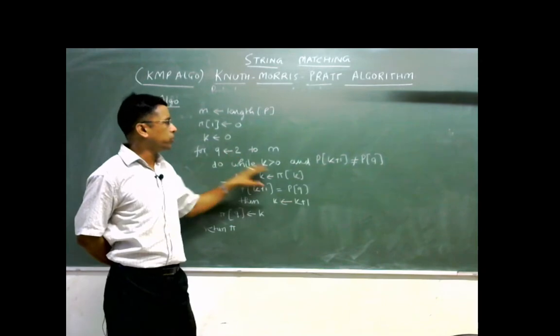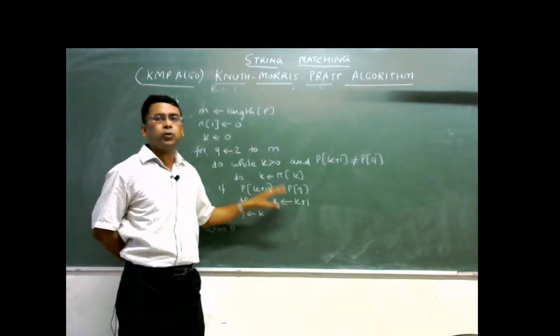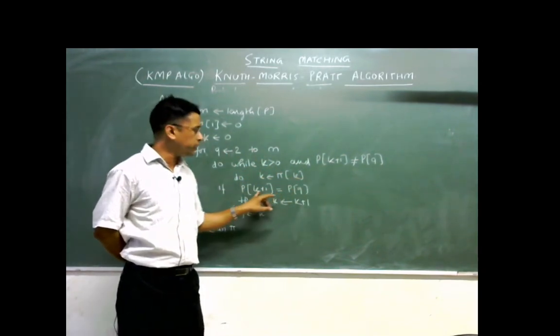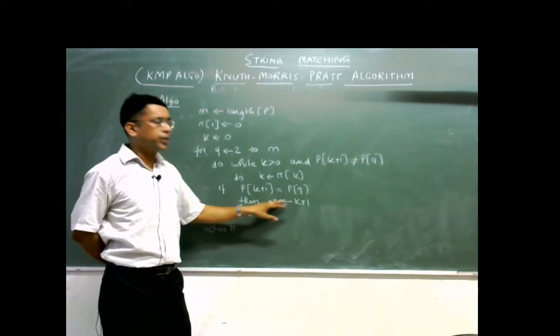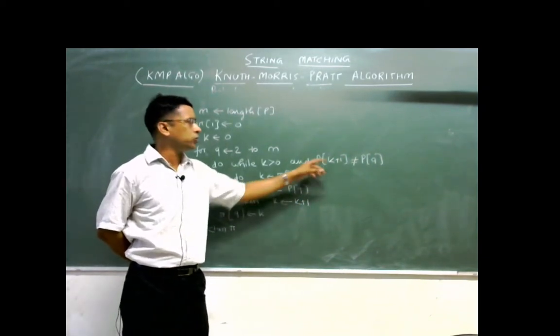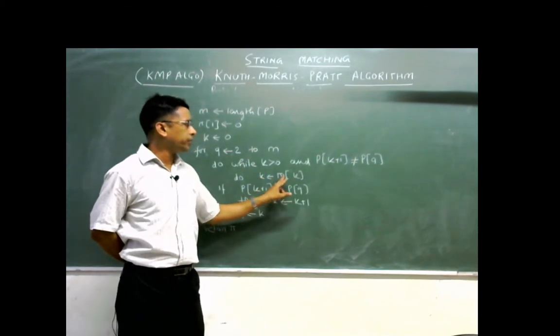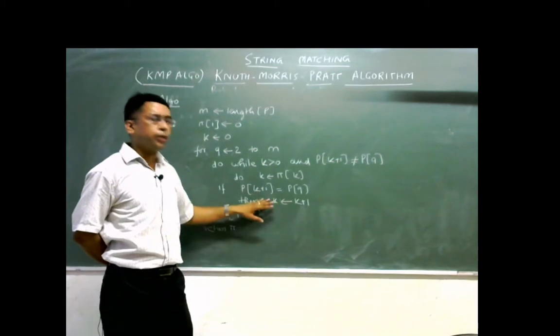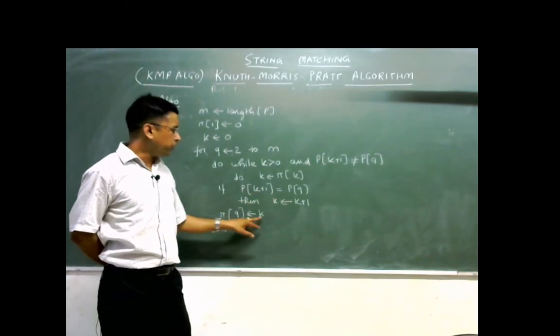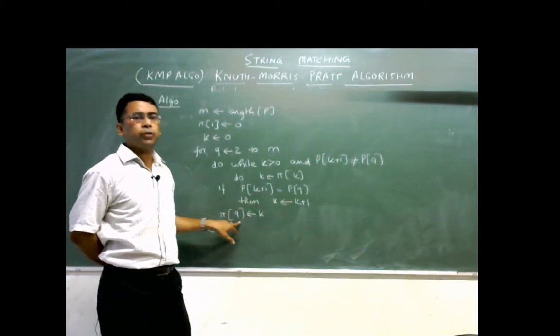Here we are updating the value of k. If there is a match at the element at position k plus 1 with position q, then we increase the value of k. If there is no match, then we assign the value of pi k to k, and after updating the value of k, we assign the value of k into the prefix function.